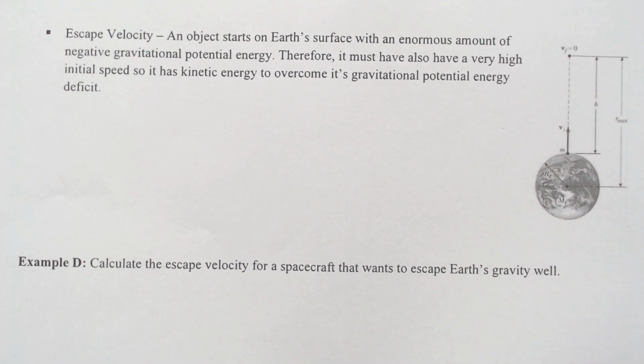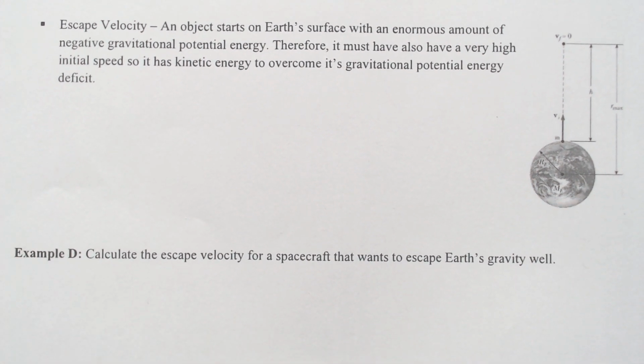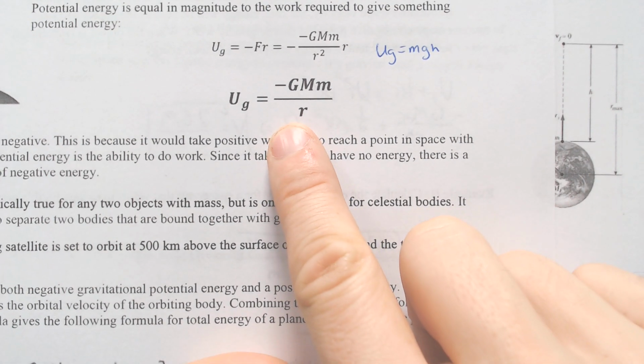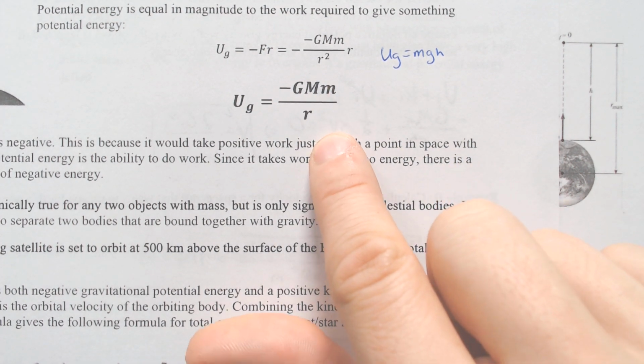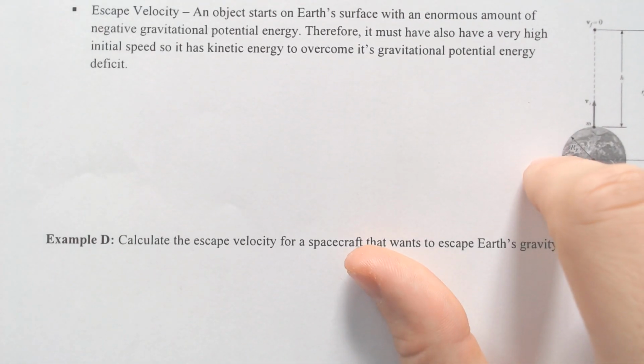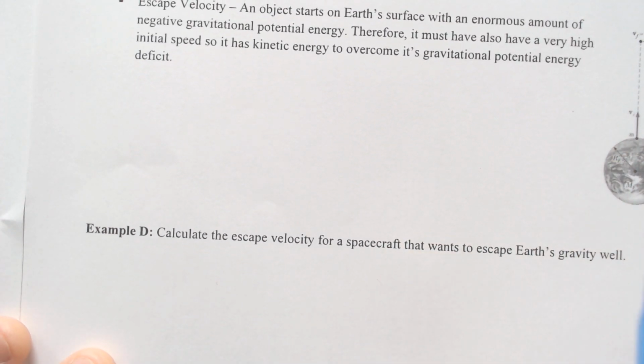The escape velocity of an object is going to take an enormous amount of energy. With that in mind, the escape velocity is going to have this formula right here, GMm over r. We want that to equal the kinetic energy we would have.